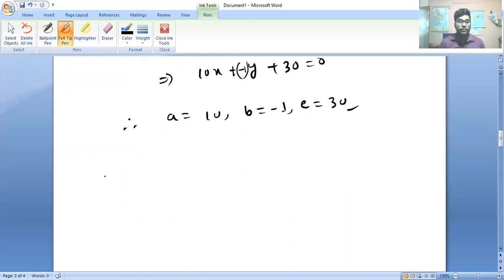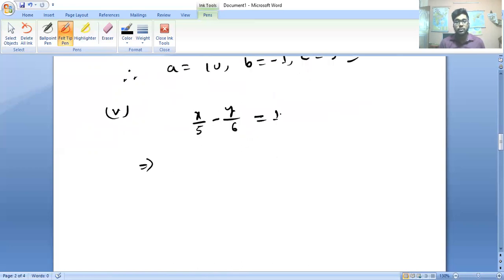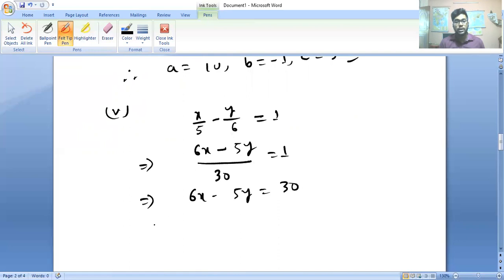Let us do question number 5. So we have x by 5 minus y by 6 equals 1. Again, in a similar way, at first bring this one here, or you can bring it later also. Take LCM 30: 6 fives are 30, so it becomes 6x, 5 sixes are 30, so it becomes 5y, equals 1. Therefore, 6x minus 5y equals 30.